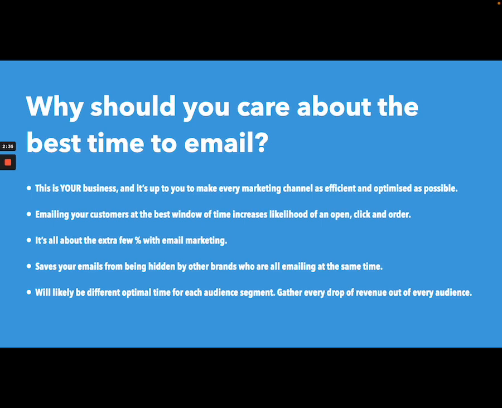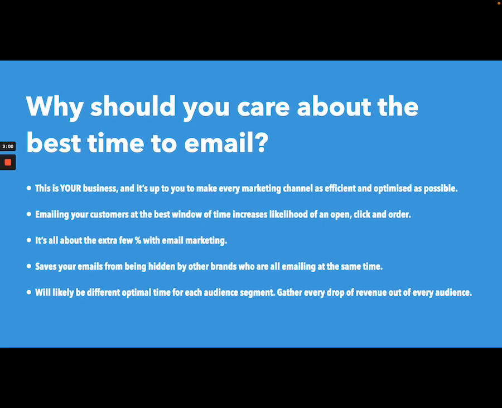As I say, it's all about the extra few percentage points with email marketing. So it could be the difference between 1,000 opens, and obviously this would be a small one, but 1,000 opens versus 1,100 opens. You could get an extra 100 opens just by sending at a better time, which could lead to a lot more revenue.